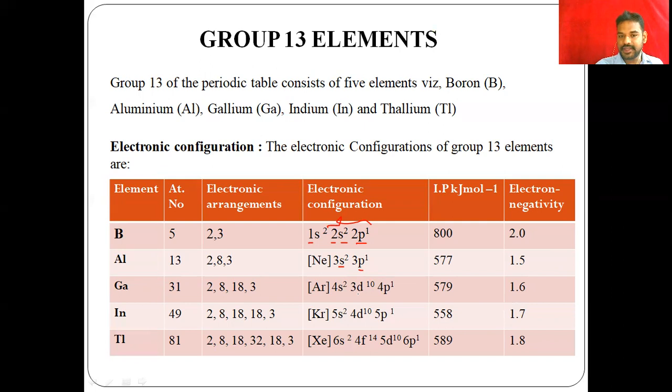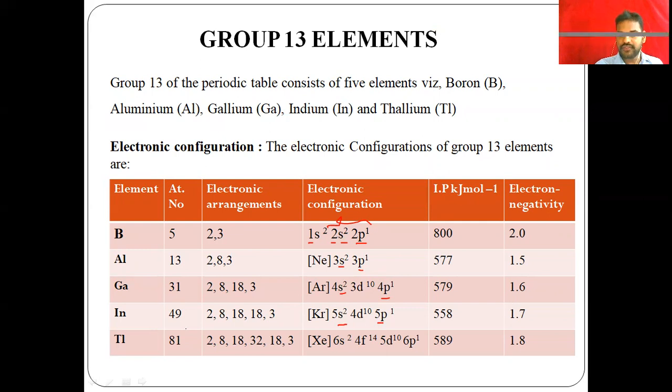Here D10: after gallium we have the D orbital. The D orbital is introduced after gallium, but when considering the outer electronic configuration, the S and P orbitals have a similar configuration, that is, the S orbital has 2 electrons and the P orbital has 1.